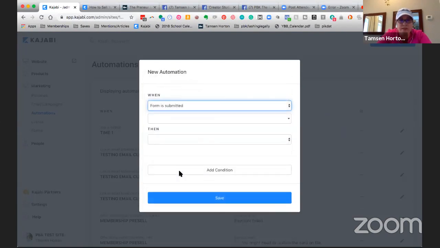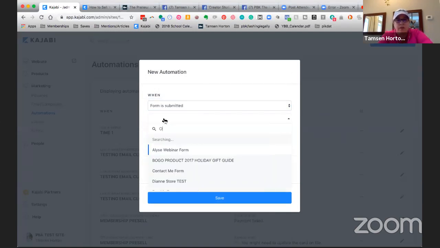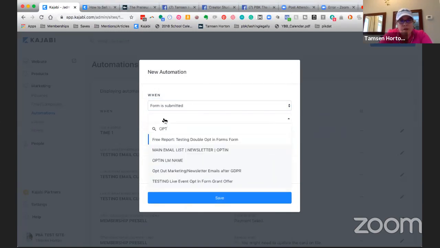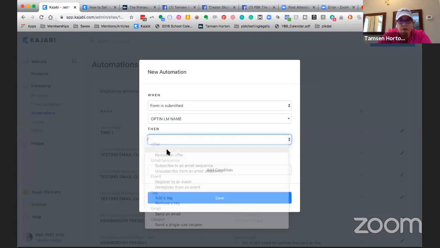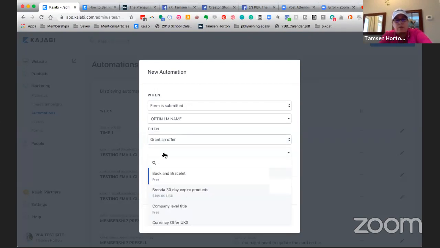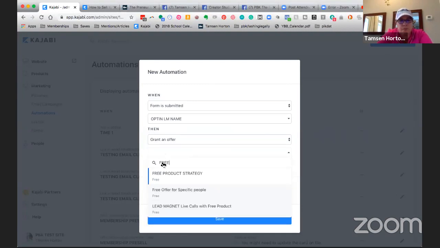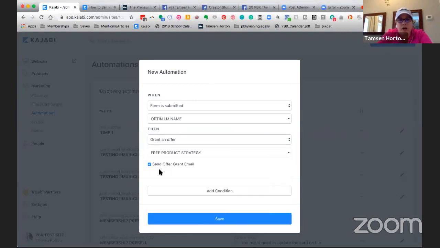Right here, form is submitted. I would choose my opt-in lead magnet, then grant an offer, free product strategy. I can choose, do I want to send the offer being granted email, or, because that's sometimes confusing, do I want to have it trigger the email sequence that I've written?